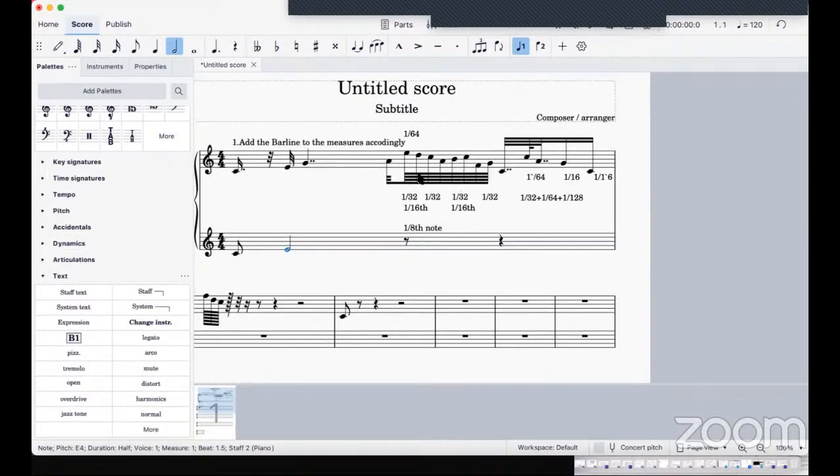So we saw that all this is equal to a 1/8 note and all this is equal to 1 quarter note.